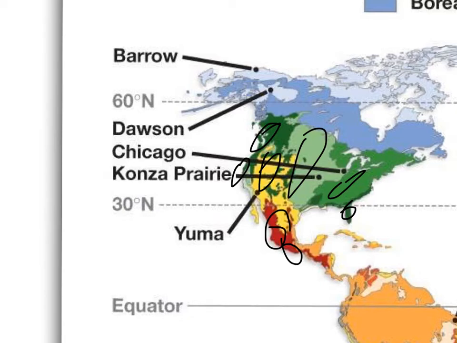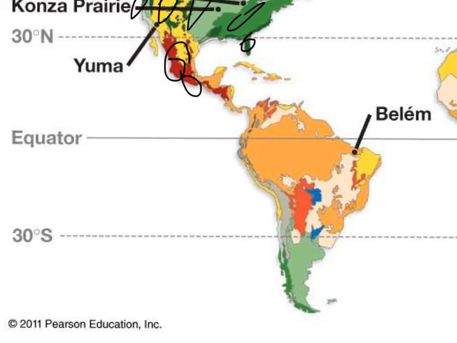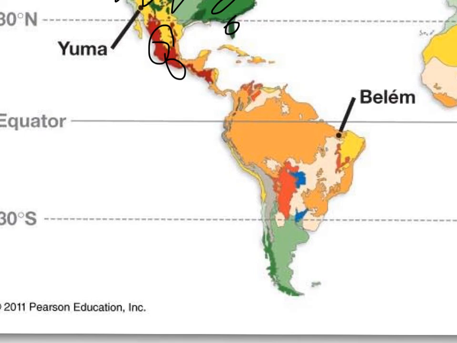And then down here, in the Amazon basin, these are all rainforests, including at higher elevations cloud forests, more kinds of deserts, more kinds of forests, tropical forests.